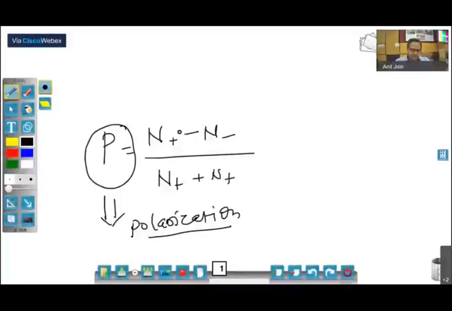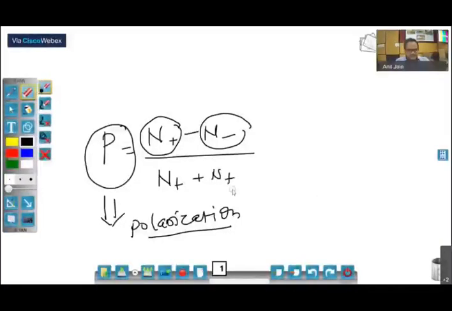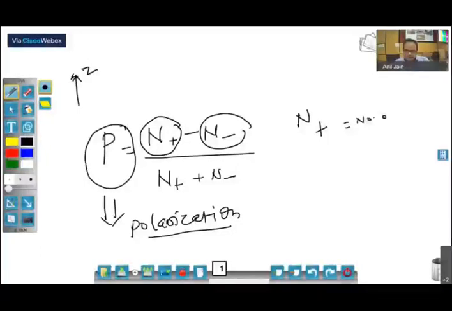So N plus is the number of spin up neutrons, N minus is the number of spin down neutrons, and N equals N plus plus N minus is the total number of spins. What we are assuming right now is that we are applying the magnetic field along the Z direction, so we are taking the neutron spin polarization along the Z direction.